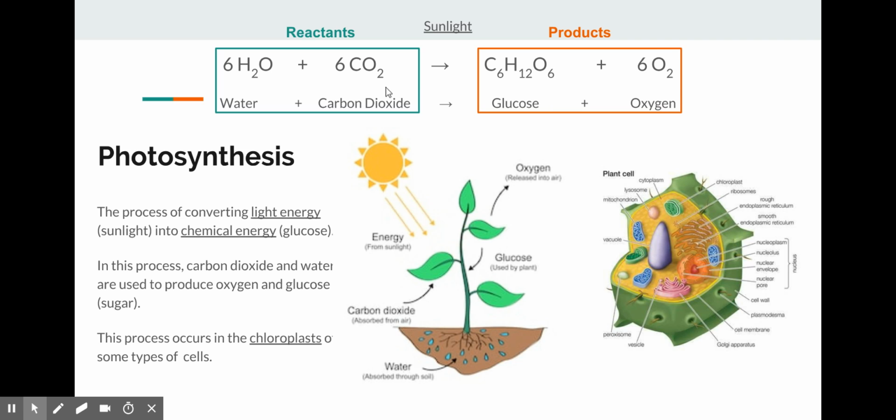So you start with 12 and you end up with 7 because one of them is really large and stores a lot of energy. So that light energy is converted into chemical energy, and this happens in the chloroplasts and also gives off oxygen.